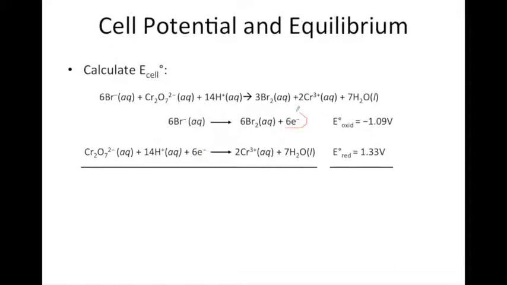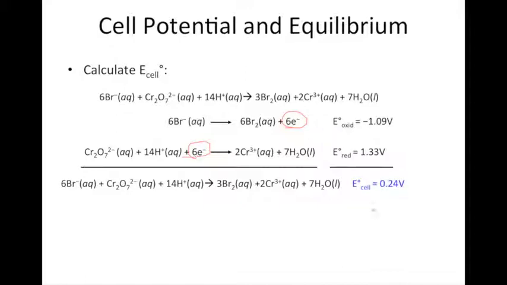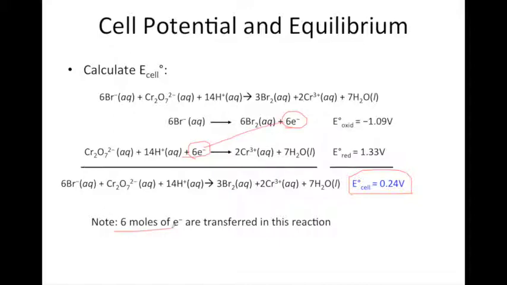You can see I have 6 electrons being lost, 6 electrons being gained. And now I can add those two reactions together to get my overall equation. And I can add my E standard oxidation plus E standard reduction to give me my standard cell potential. So I need that for my equation. Also, I've determined that I have 6 moles of electrons being transferred.